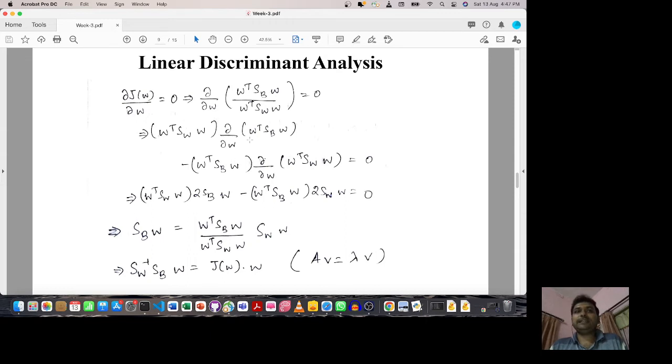This is a bilinear form, and if you take the derivative of x square, you get 2x. Similarly, if you take the derivative of W transpose SBW in vector calculus, you get a derivative of 2 SBW. Okay.